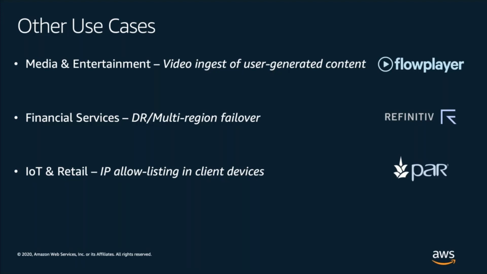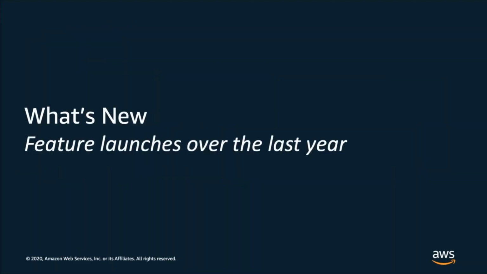PAR Technology, for example, has point-of-sale devices in restaurants around the world, and they allow listed the IP addresses of Global Accelerator. Behind the scenes, they might add or remove application endpoints in different regions without having to change their configuration in their clients. So these are some of the use cases.